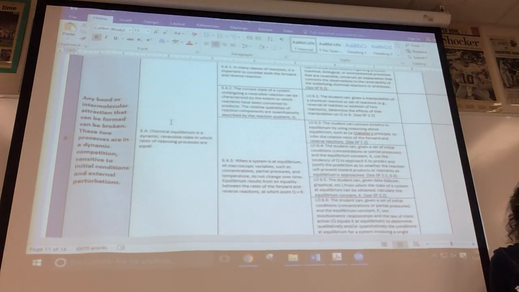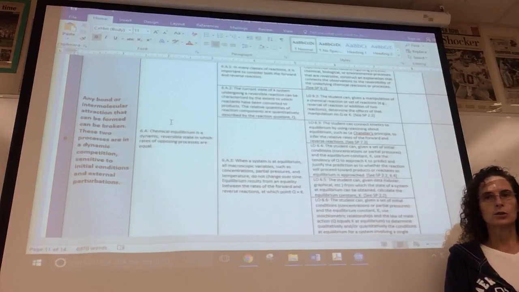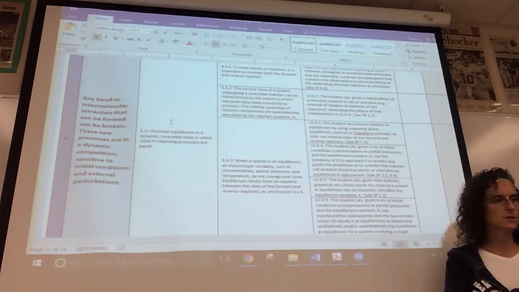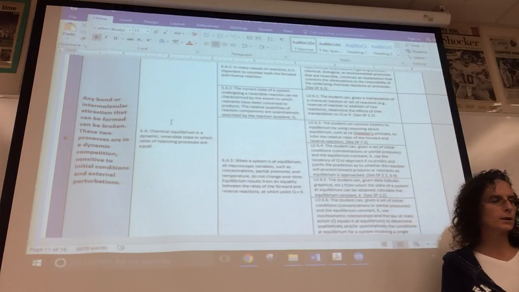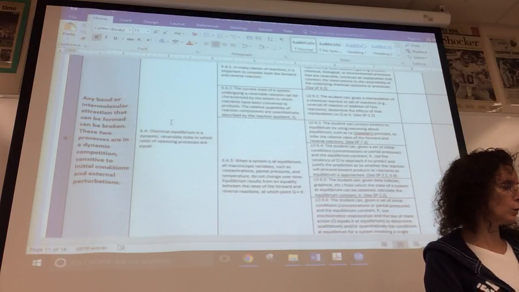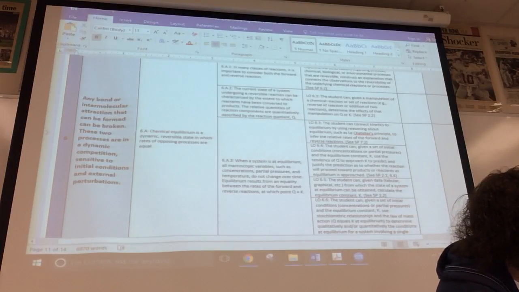We introduced chemical equilibrium last time, and I started to link this to many of the concepts we have discussed this year. I don't want to go through every single one because it will become extremely overwhelming. But big idea 6 is listed right here, and I had mentioned this last time.